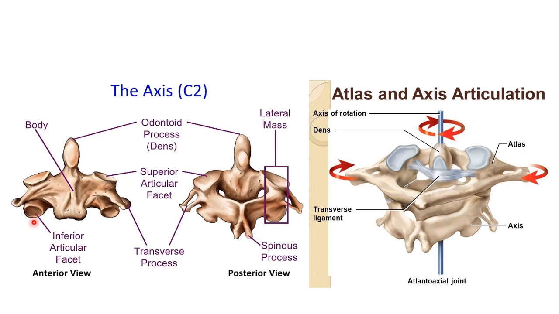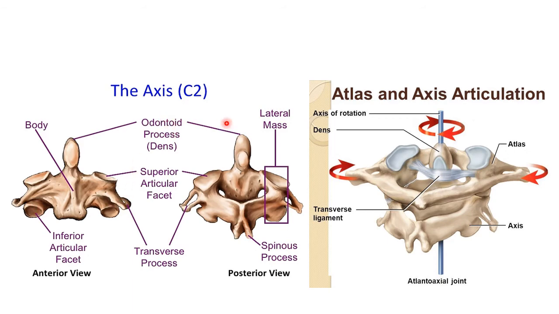The inferior articular facets lie posterior to the transverse process and are directed downward and forward to articulate with the third cervical vertebra.